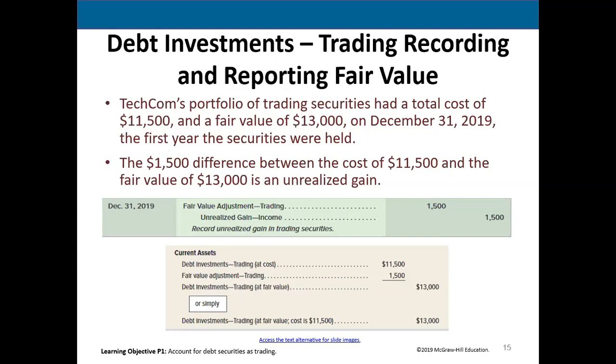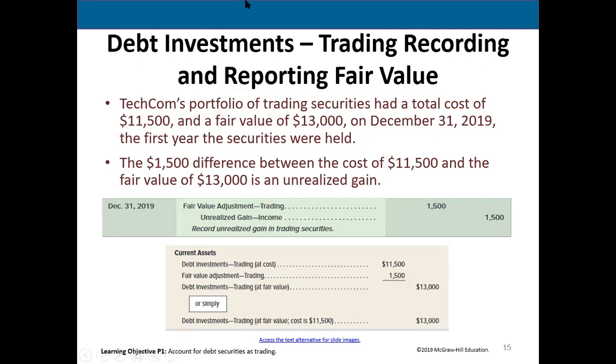Since I need to increase the debt investment from $11,500 up to $13,000, I have to debit the fair value adjustment account. So I debit the fair value adjustment account trading for $1,500 and I credit an unrealized gain income because it goes on the income statement. That increases net income, that $1,500.